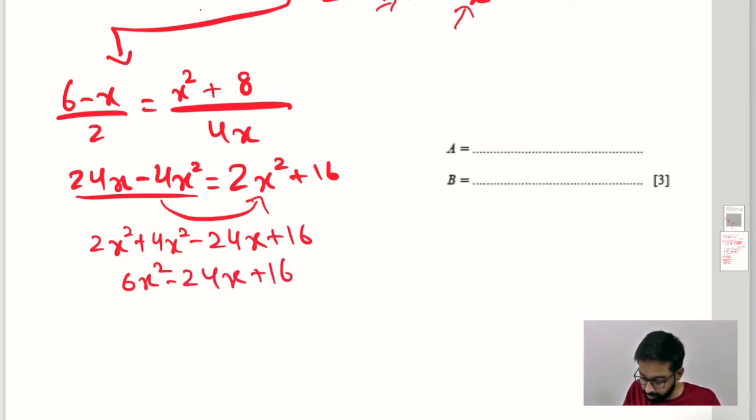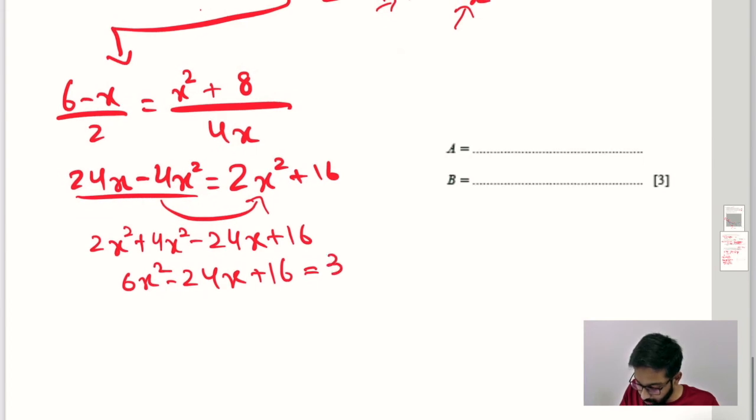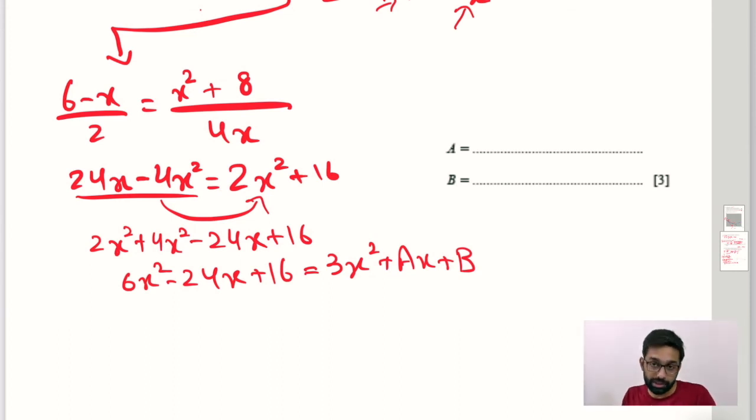Now this equation should be somehow equal to the other equation. It should be equal to 3x squared plus ax plus b. In order to make them similar, one way of doing that is you find the common factor in this equation, which I think is 2.